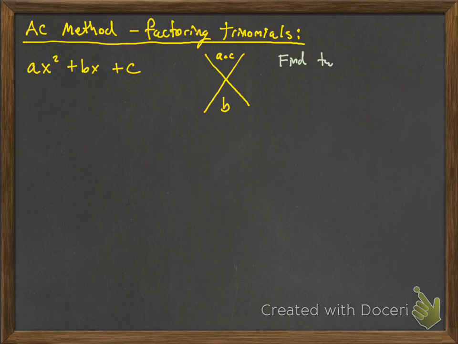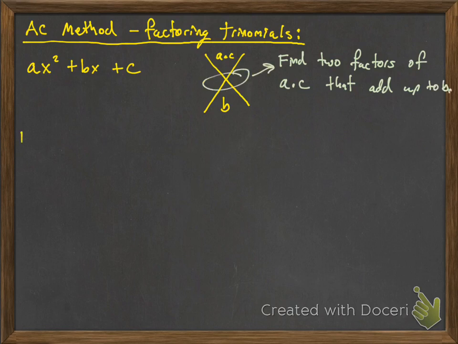So what you're looking for is two factors of a times c that multiply to a times c and add up to b. Let me rewrite that. Add up to b. Okay.